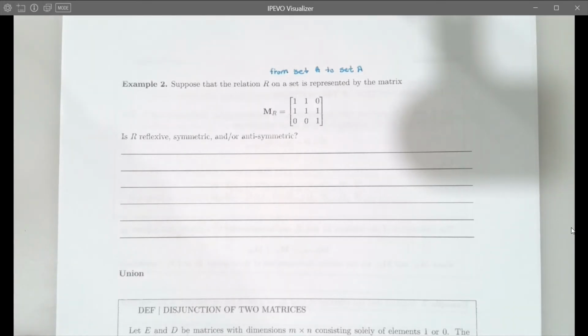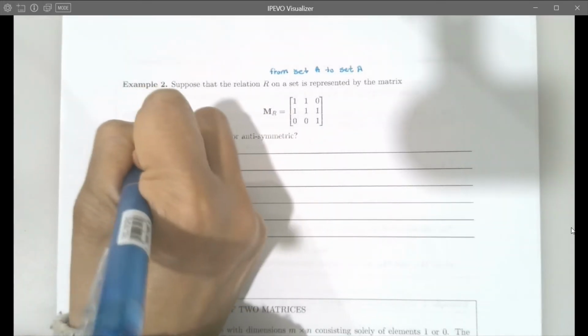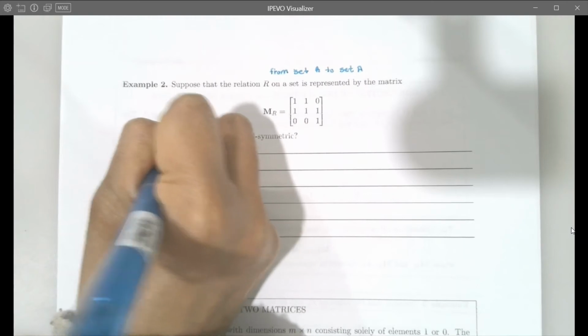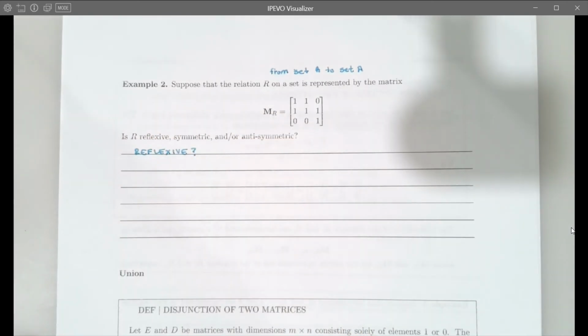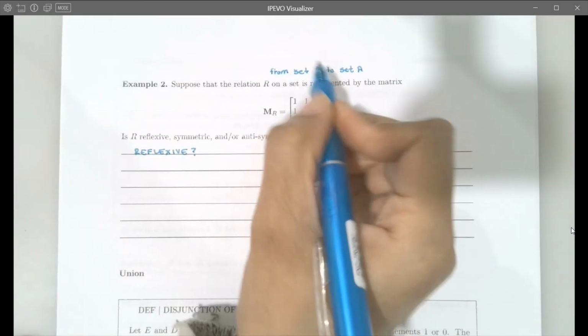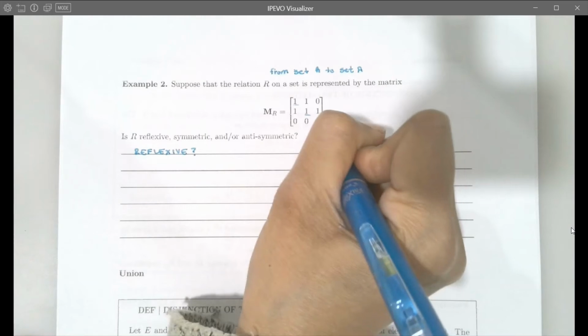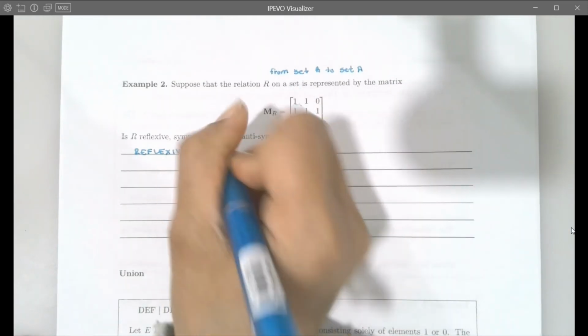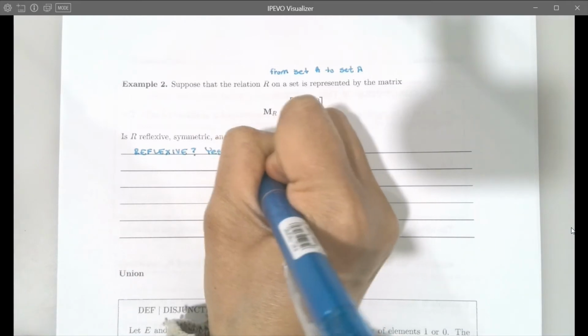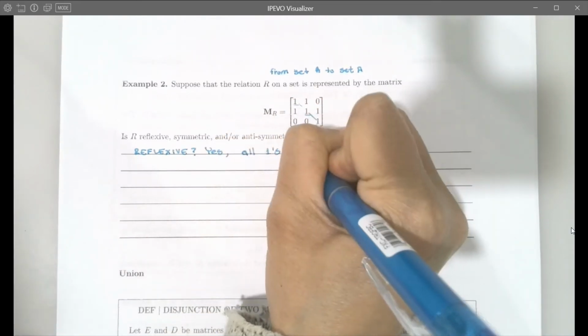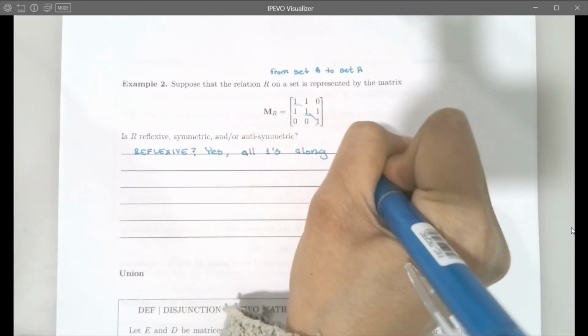Alright, so is R reflexive? In order for R to be reflexive, recall that on the matrix, if it has all ones along the main diagonal, then that means that it will be reflexive. And in this case, we do see those ones along the main diagonal, so yes, we have all ones along the main diagonal.